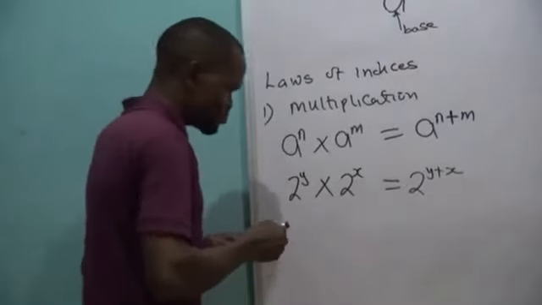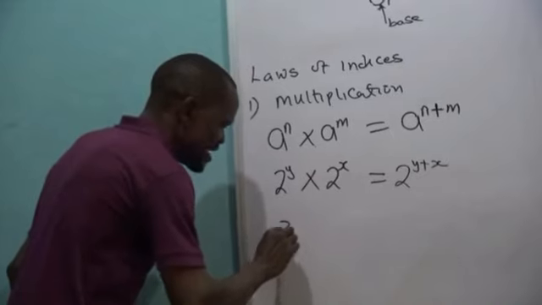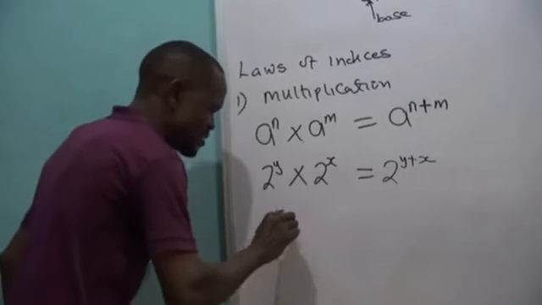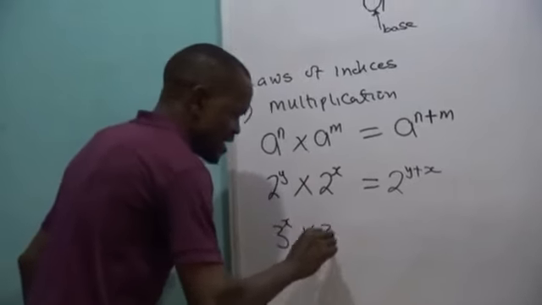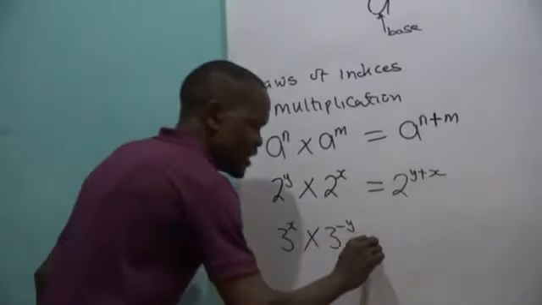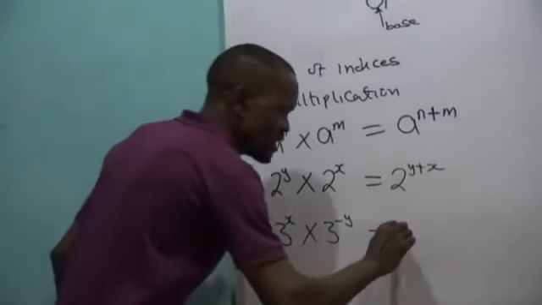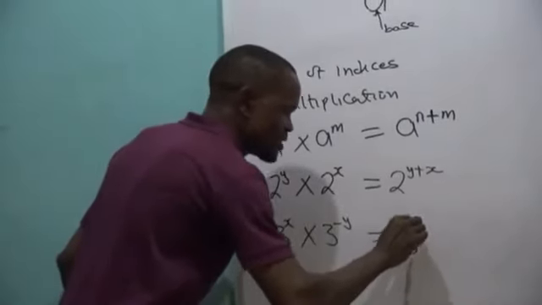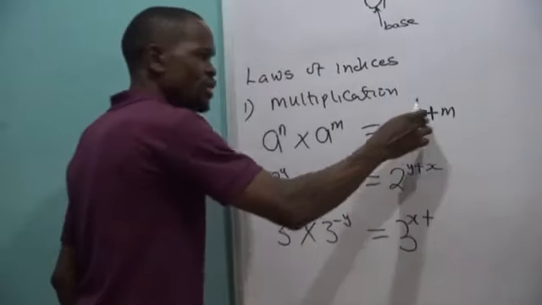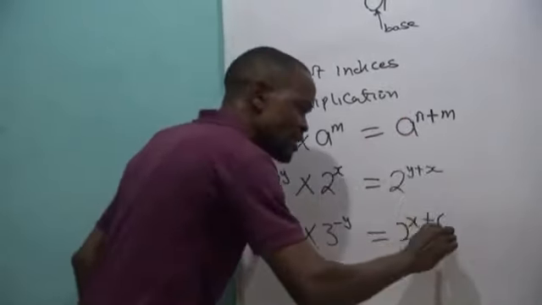And then, another example: if I have 3 raised to power x times 3 raised to power minus y, I will say this is the same base and they are multiplying themselves, so I will say 3 raised to power x plus, which is the constant I told you, and this one is minus what? y.